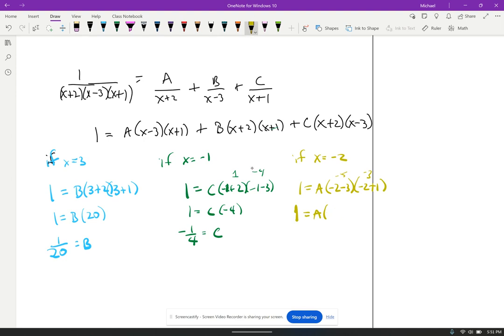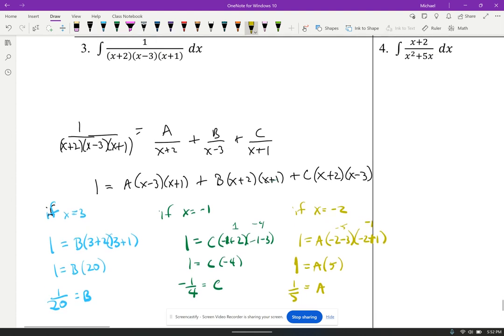Oh, I'm sorry, is it negative 3? No, it's negative 1, I can't see the line. So negative 2 plus 1 is negative 1, and that's going to give me 5. So A is 1/5. Just making sure I got everything in the right spot. I think I do.